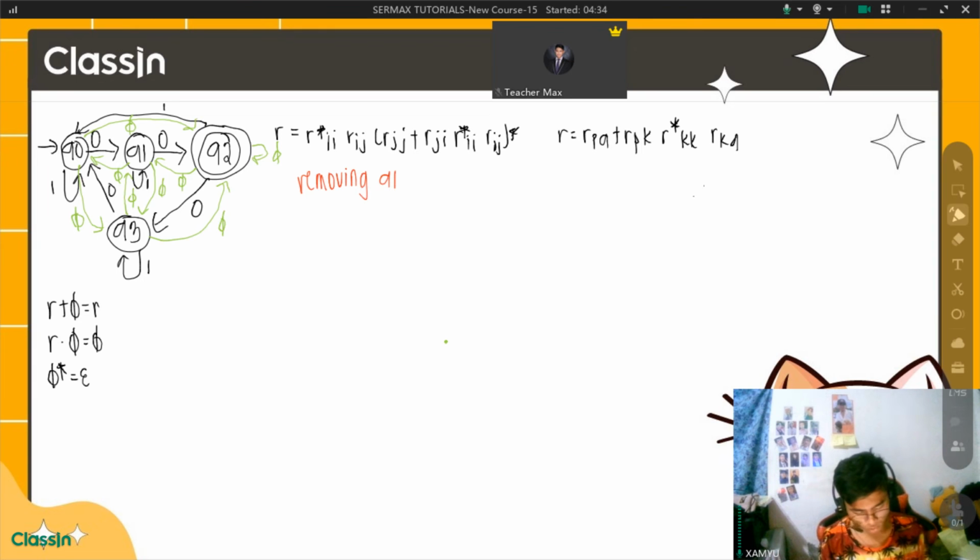So we can just create a path accordingly. Q0 to Q2, Q0 to Q3, and Q0 to Q0. We will not pass through Q1 because Q1 is the state that we are removing.